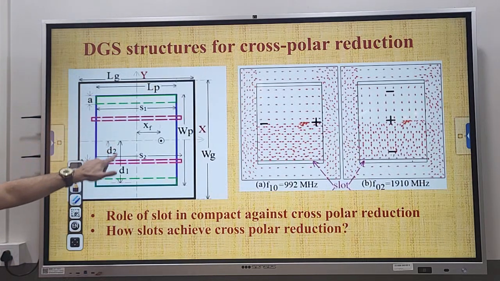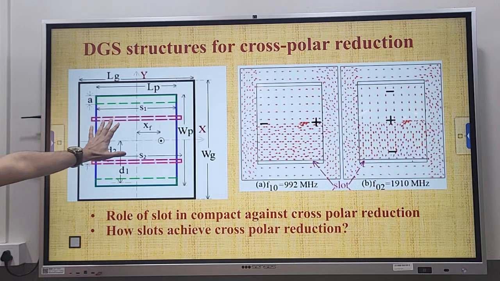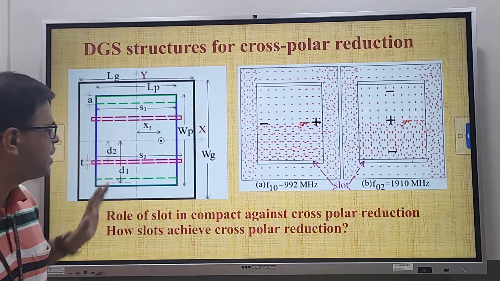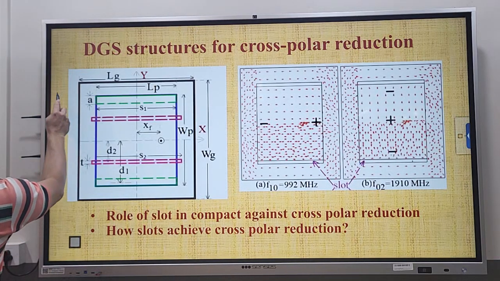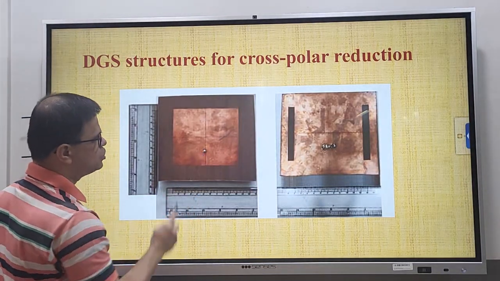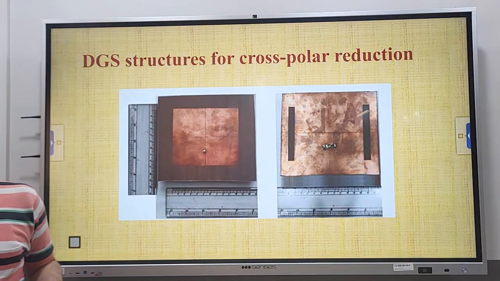There is no point in placing the slots inside and below the patch because it may affect your 10 mode frequency. So the slots are placed right below, and then it causes the reduction in the cross-polar level. Okay, I'll just show you the fabricated antenna. This is excited in 01 mode and you can see the slots are placed right below.